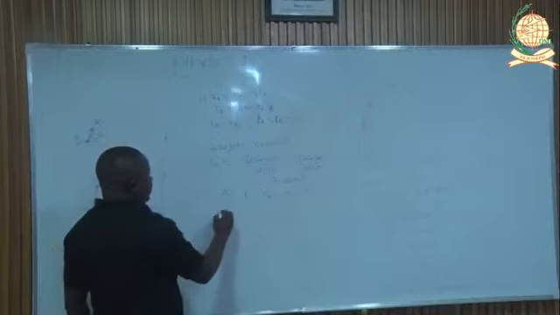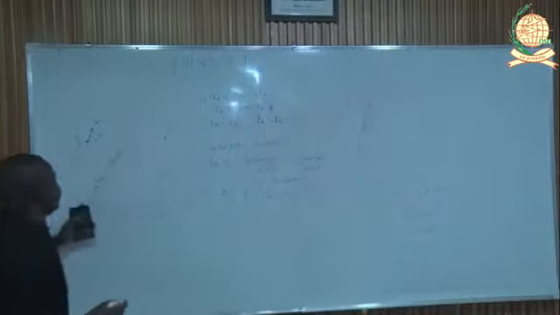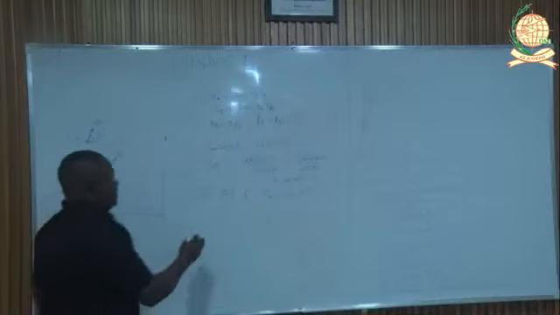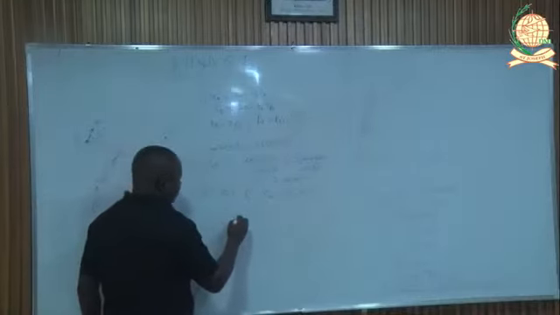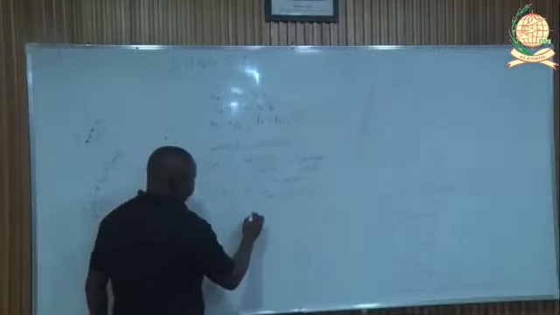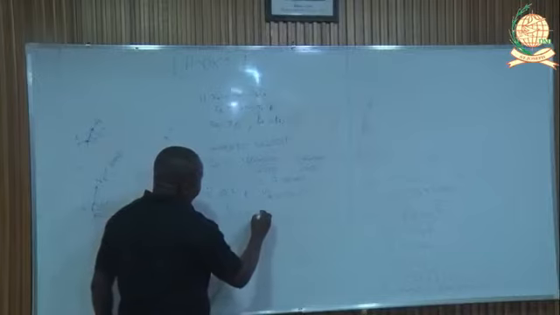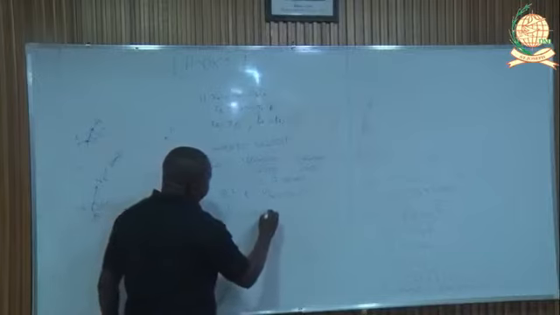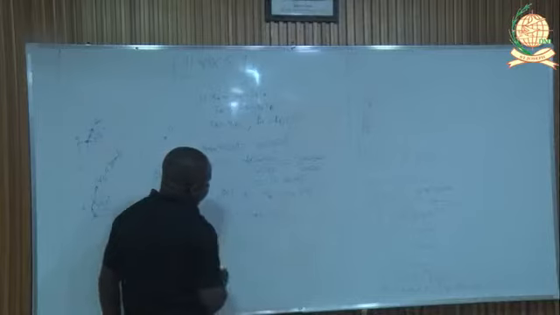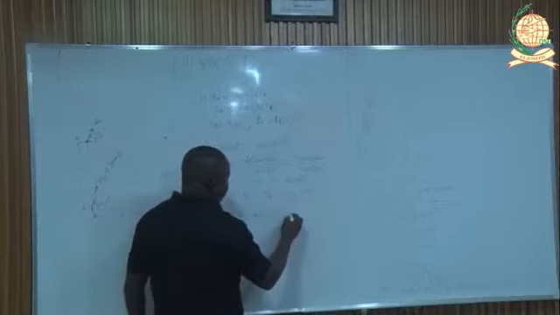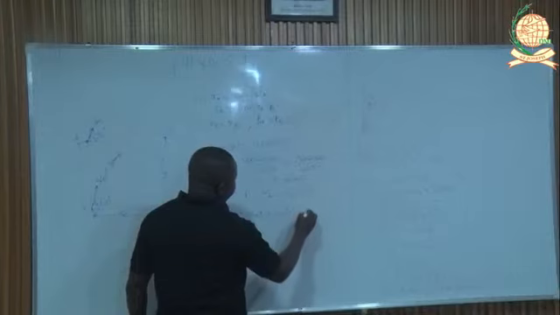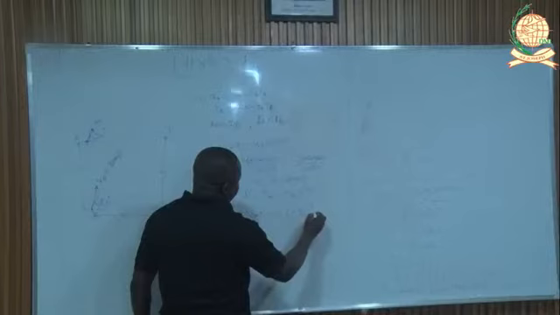Then y of A is equal to, because it is projected from above, its initial height plus V naught of A sine of angle of A, which is 30, times T minus a half gt square.